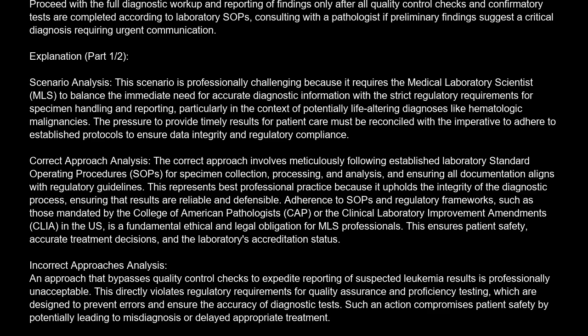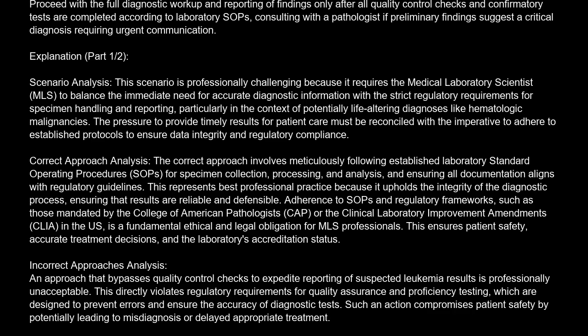Correct approach analysis. The correct approach involves meticulously following established laboratory standard operating procedures, SOP, for specimen collection, processing, and analysis, and ensuring all documentation aligns with regulatory guidelines. This represents best professional practice because it upholds the integrity of the diagnostic process, ensuring that results are reliable and defensible.